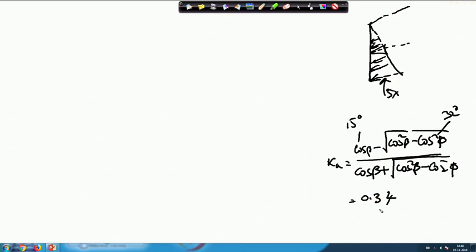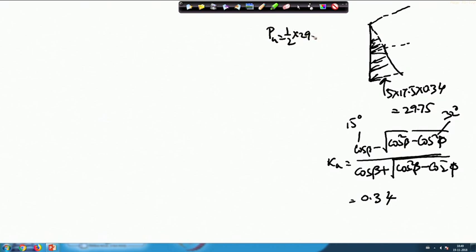Then I can find 5 multiplied by gamma 17.5 multiplied by 0.34, that means this becomes 29.75.